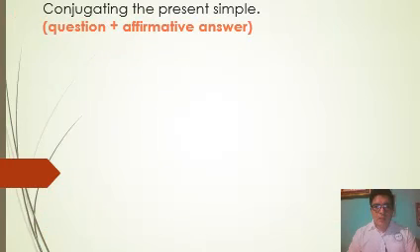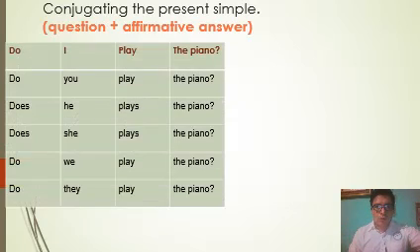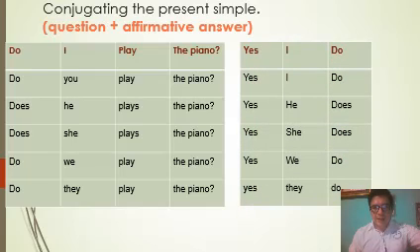Conjugating the present simple: we're going to have the question and the affirmative answer. For example, do I play the piano? Yes, I do. Do you play the piano? Yes, I do. Does he play the piano?